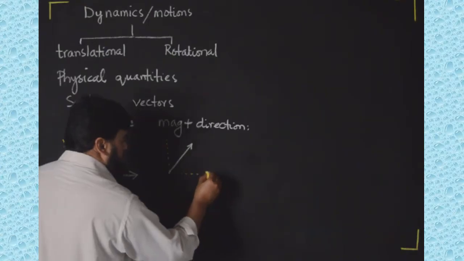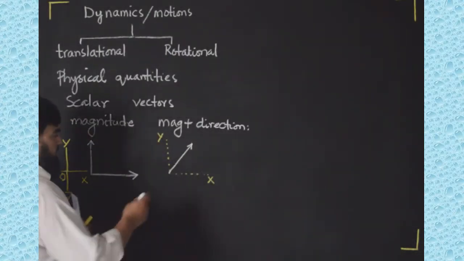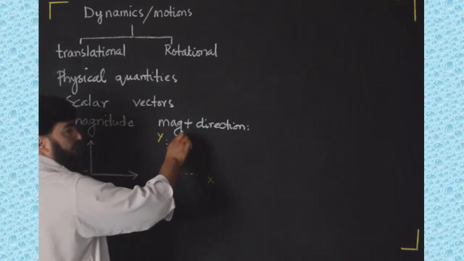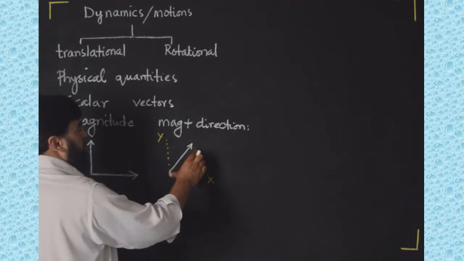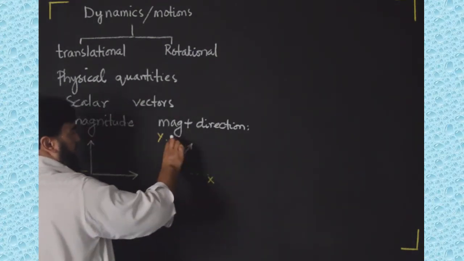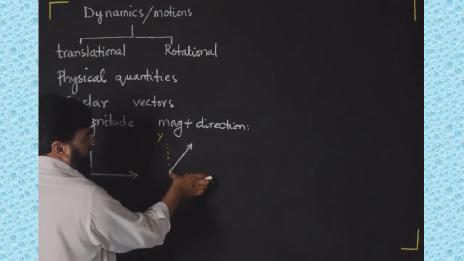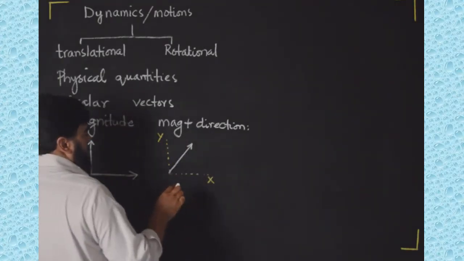So this is our x and this is our y. Now this vector can have any inclination, and that inclination we call the slope of this vector. It may be like this one or it may be this one. It can have zero slope, if it is on the x-axis. It can have undefined or infinite slope if it is only along the y-axis.